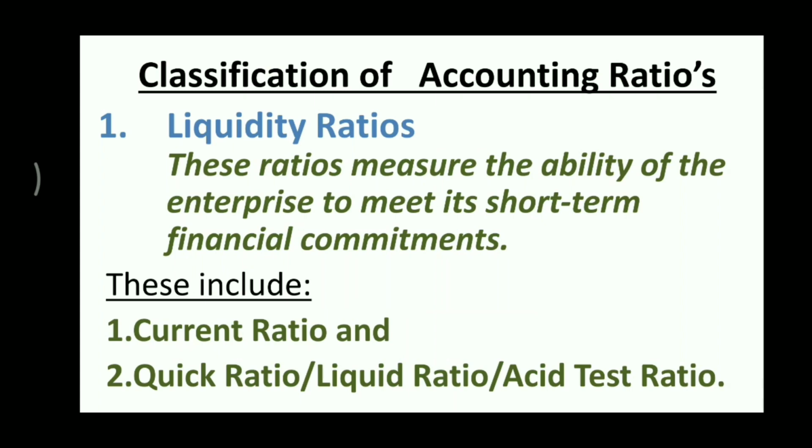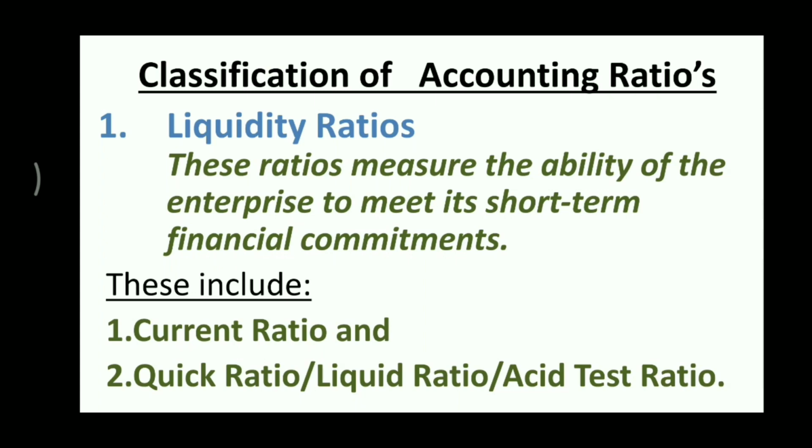Short-term obligations here means how quickly it can pay its current liabilities, whether the business has sufficient cash in hand, or what we call current assets, so that it can easily meet its current liabilities. With the help of the liquidity ratio, we see how efficiently a firm can pay its short-term obligations or current liabilities.